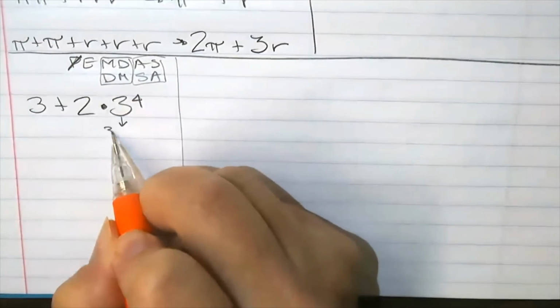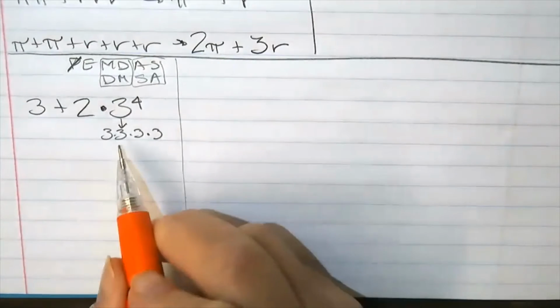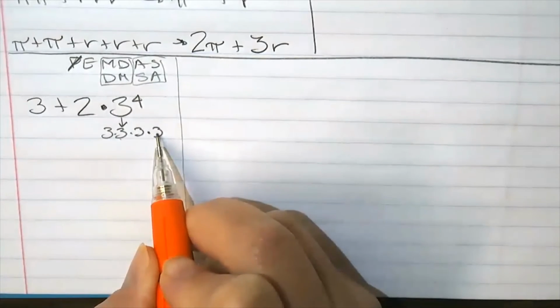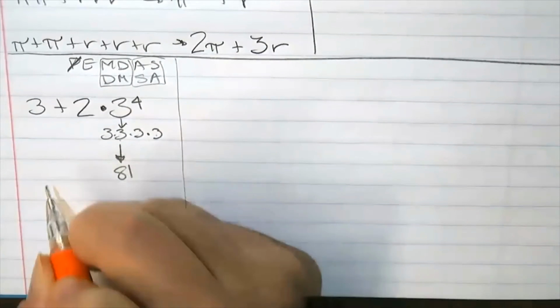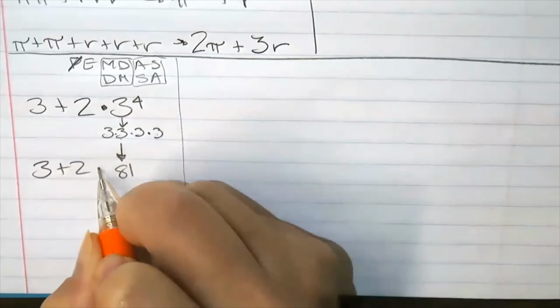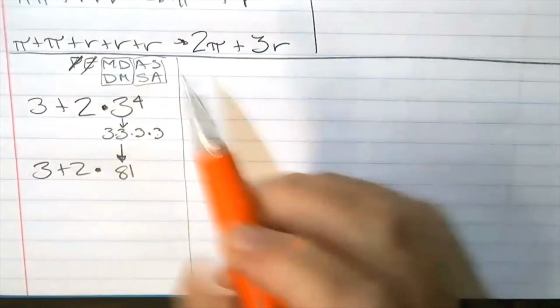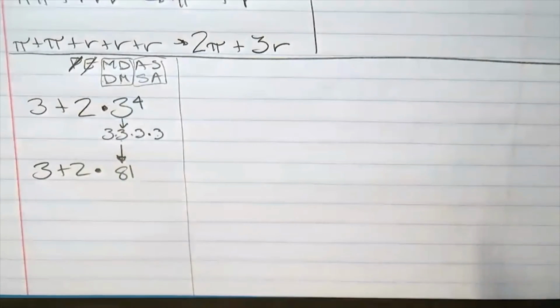So this is 3 times 3 times 3 times 3. Okay, 3 times 3 is 9, times 3 is 27, times 3 is 81. So this is 81. Everything else comes down. So I'm done with my exponents. Now I have multiplication division or division multiplication.